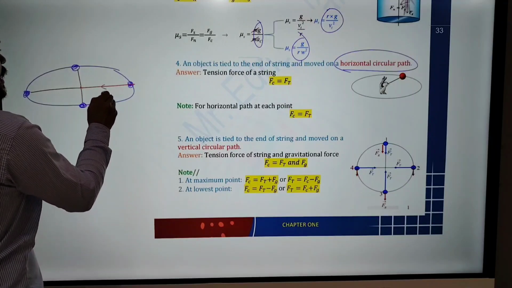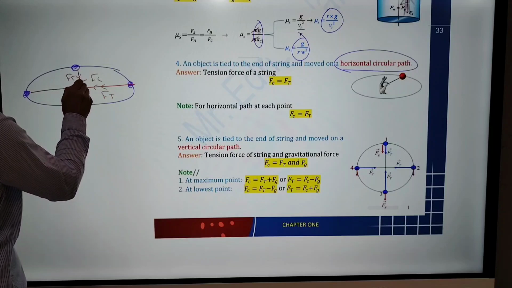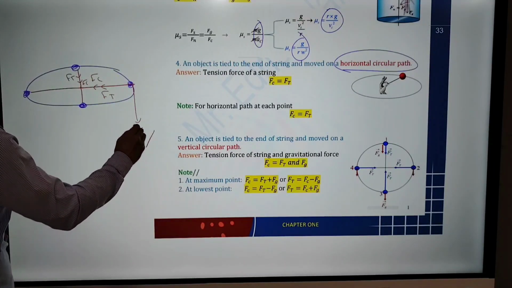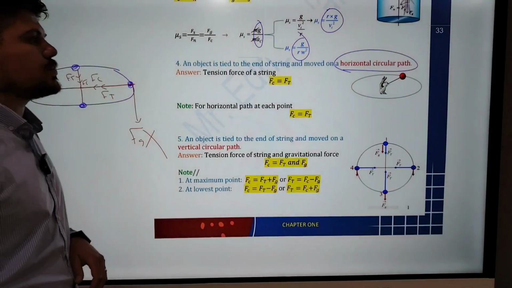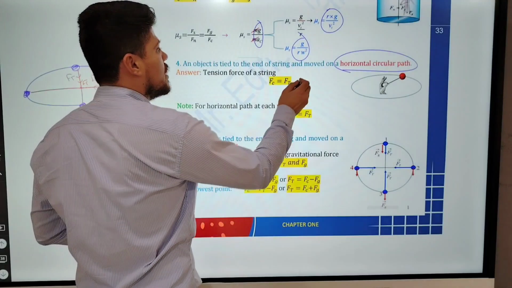Why? Because FT, FC also toward. In that case, FG does not provide us the centripetal force when the object is moving in a horizontal path.